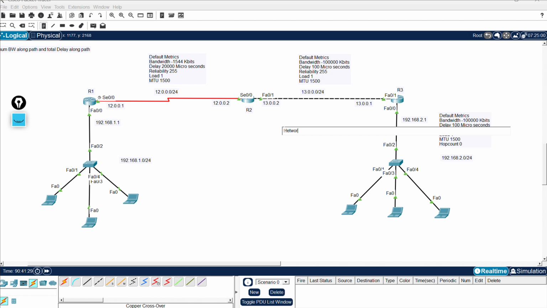The network is 192.168.2.0/24, bandwidth is 100 Mbps, and delay is 100 microseconds. These two matter; the remaining are the same. R3 will advertise this network with these values to R2.